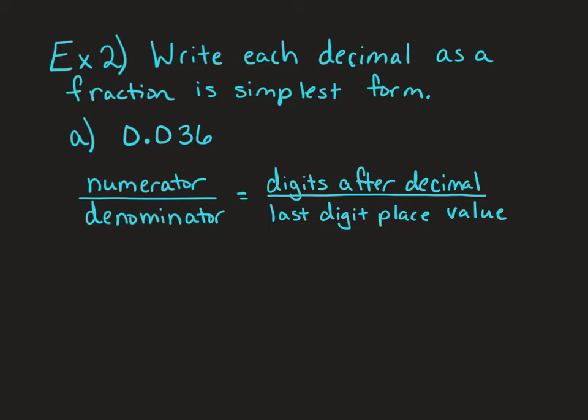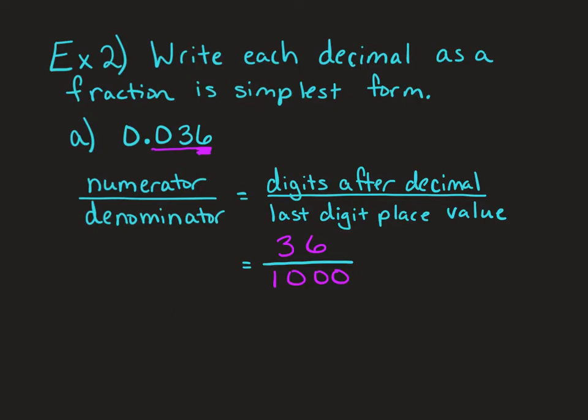So for 0.036, we take the digits after the decimal, 36, and then figure out the place value of the last digit. This last digit is a 6. It is the third digit after the decimal, so it's in the thousandths place. So we write it as 1,000. And now we have a fraction.